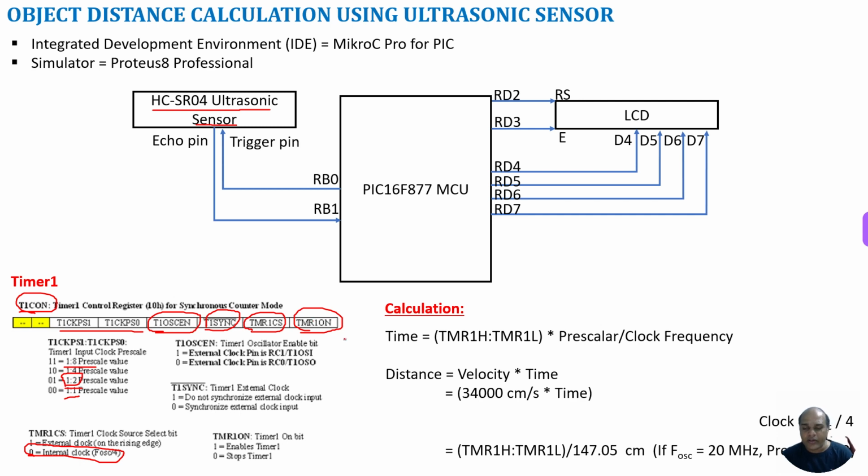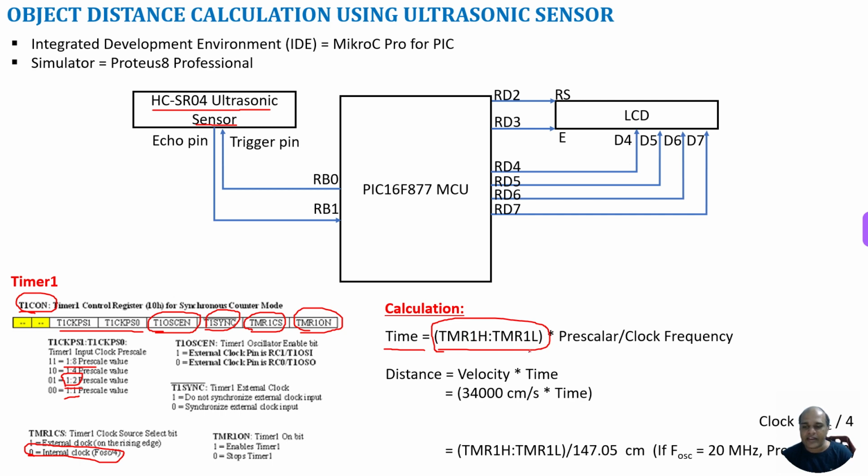Then, how do we calculate the distance of the object from the module? We have a simple equation here. First, the time is calculated using this formula. Here I take the timer 1 register content. As I said, timer 1 is a 16-bit timer. It requires 2 registers, timer 1 high and timer 1 low.